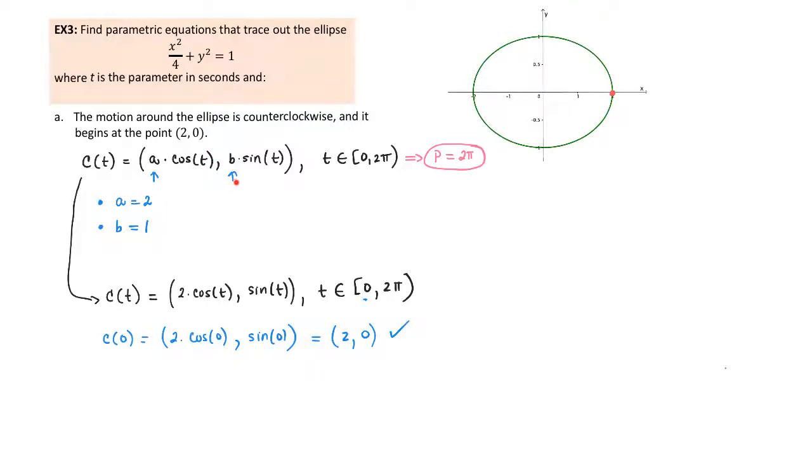If I would have chosen the other choice, the one where the y component is negative b sine t, then that would have been incorrect because this particular parametrization would have the opposite motion. But by choosing the positive option, I already know that I have the motion that they want in the problem. So I know that my motion will be counterclockwise, and I can just go ahead and write down the arrows.